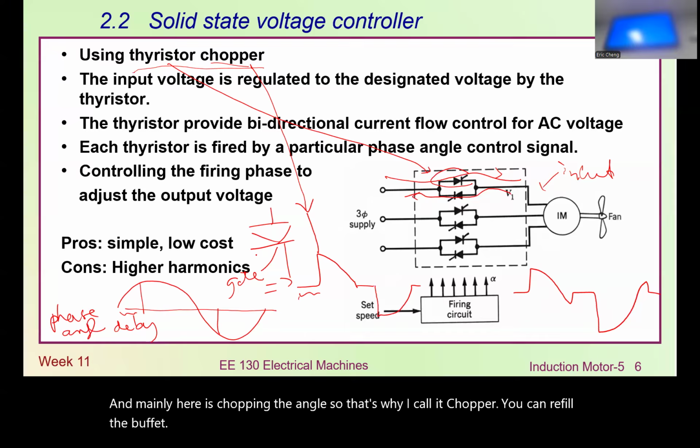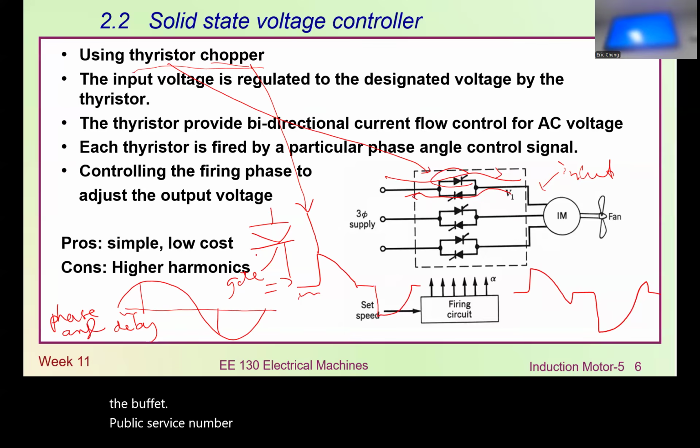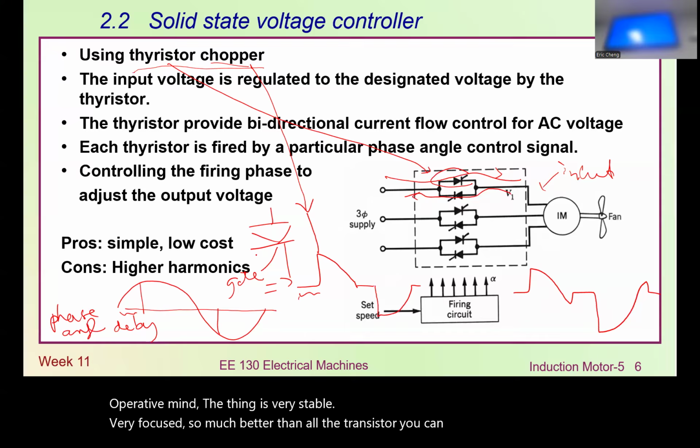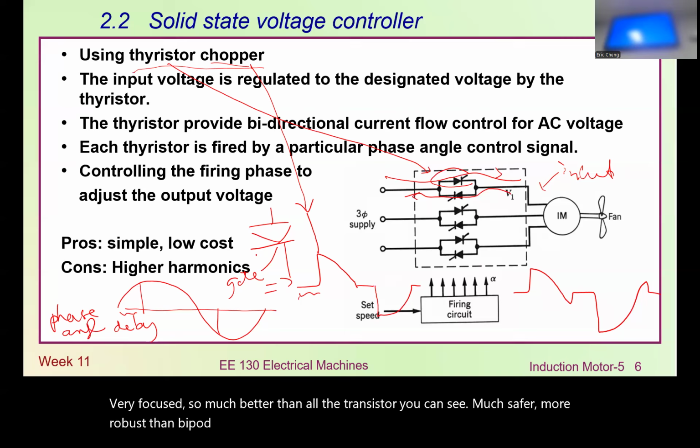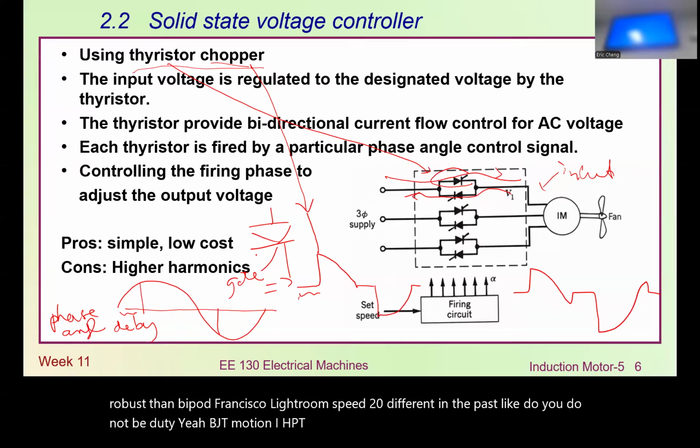Thyristor is one of the really popular devices. It is really stable and very robust, much safer and more robust than the transistors, like the BJT you learned in the past. Do you know BJT? Yeah. BJT, MOSFET, IGBT. Thyristors are much more stable.